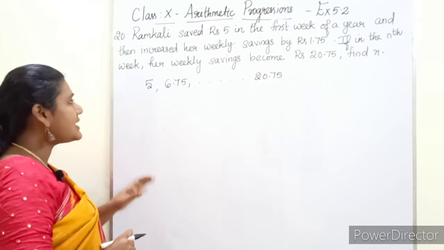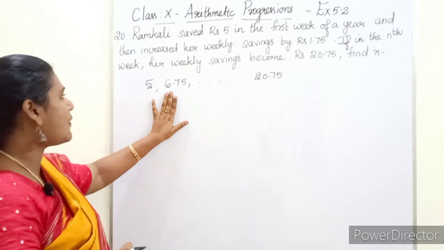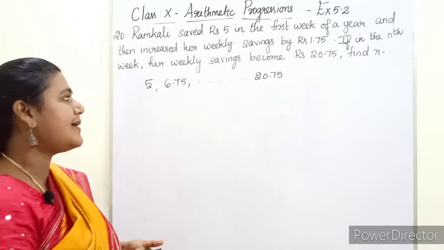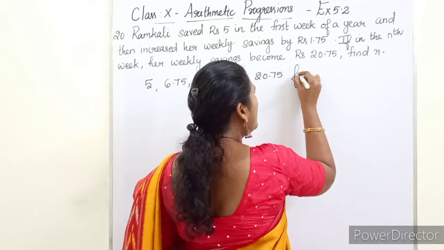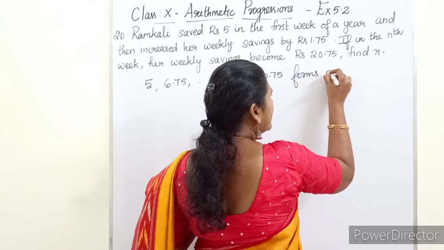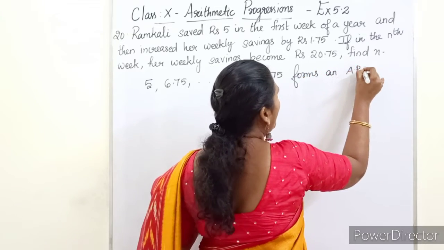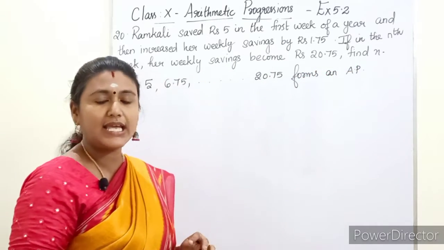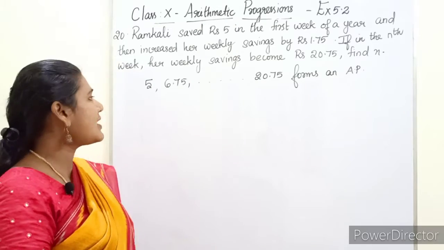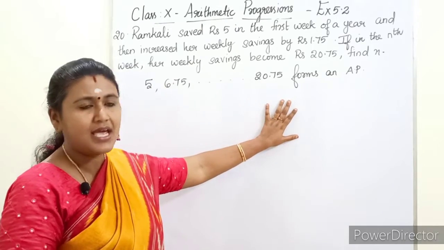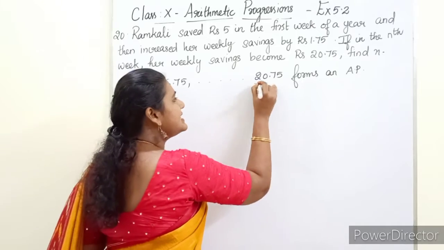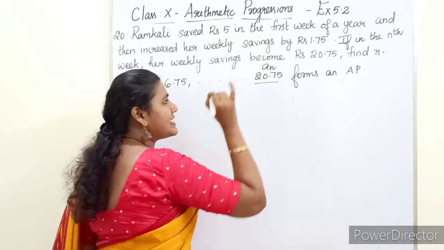20.75. Now if you see these numbers 5, 6.75 etc., 20.75 forms an AP. Why? Because here 1.75 is increasing after each term. Okay, so this forms an AP, and here we will take this 20.75 as AN.